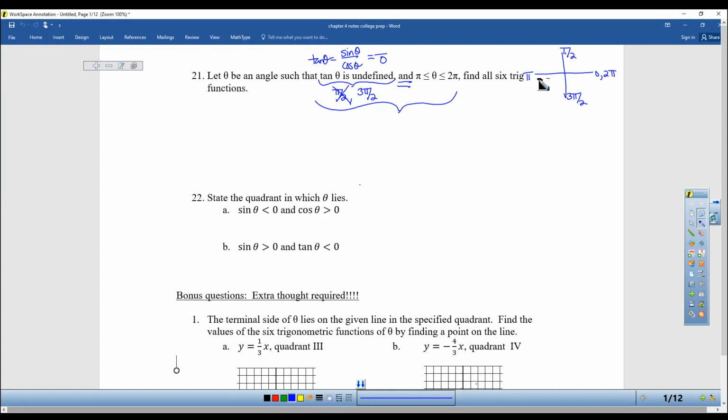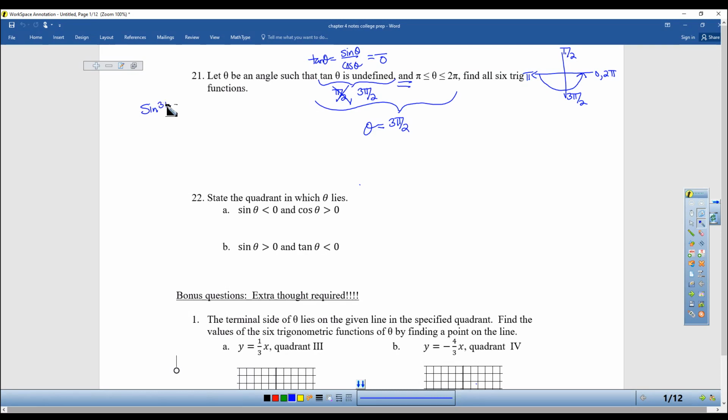So the theta between pi and 2 pi is the 3 pi halves. So pretty much all of these pieces join together just to let you know that theta is equal to 3 pi halves. And that's what I mean by saying it's a puzzle. You're putting together all the knowledge that you have. Now the actual question is, find all 6 trig functions.